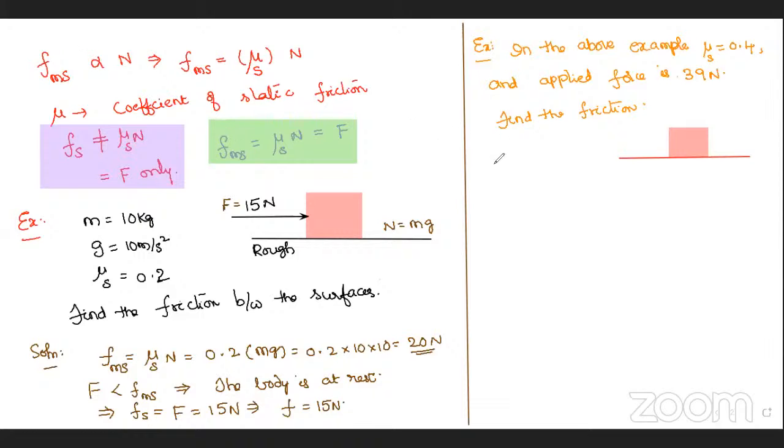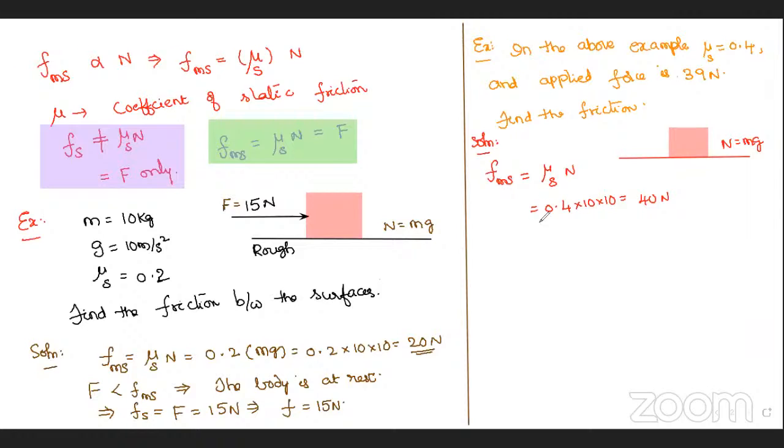FMS is 40, what you are saying, correct. FMS is equal to what you are saying, Aditya, that is mu s into N. Of course, horizontal surface, again N is equal to mg. And this is 0.4 into mass 10, g 10, that is equal to 40 newtons, correct. But this is not the friction. In case of static friction, we have to check every time what the applied force is.